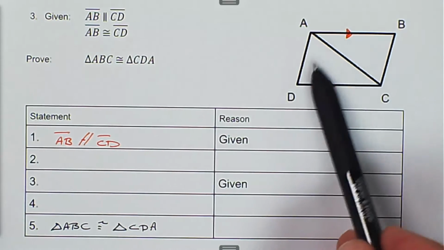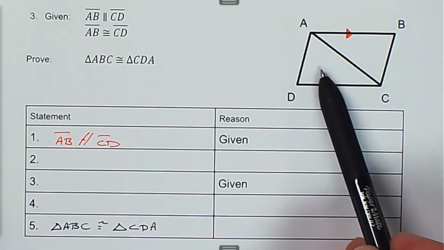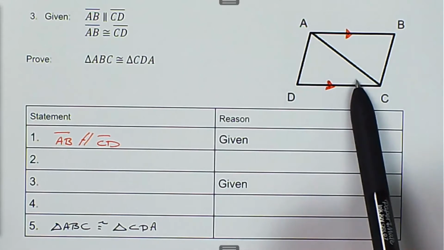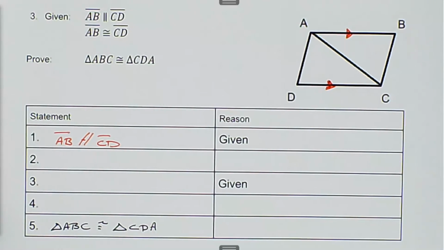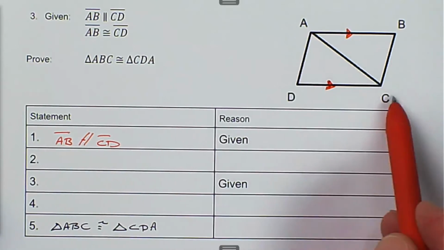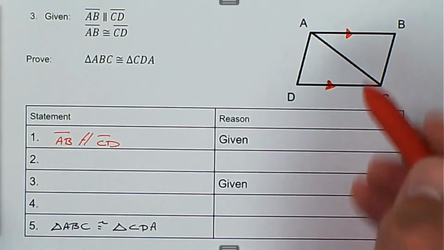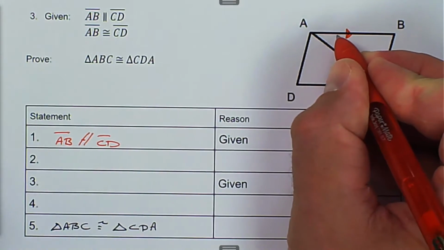So based off trying to prove these triangles congruent, what would the idea of parallel lines help me with? And remember, parallel lines give us congruent angles. So we have two parallel lines cut by a transversal, and so we have alternate interior angles are congruent.